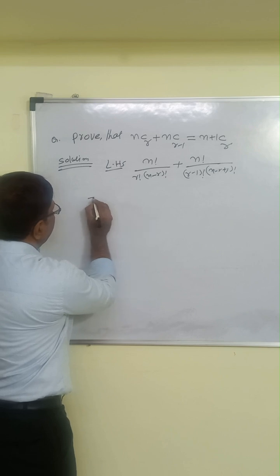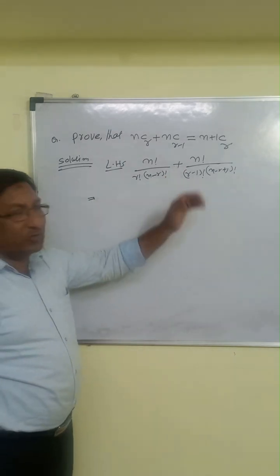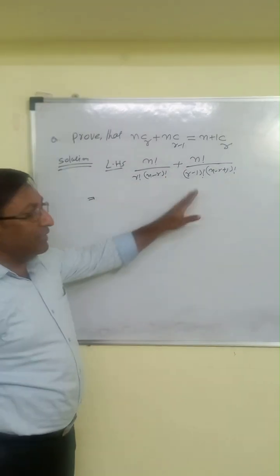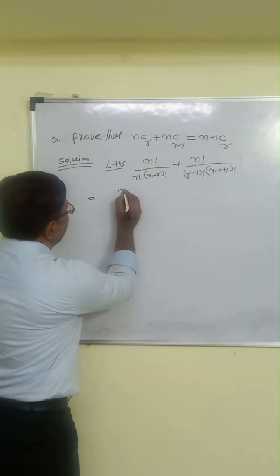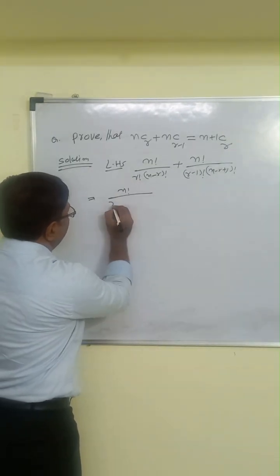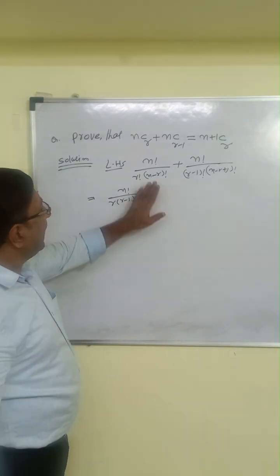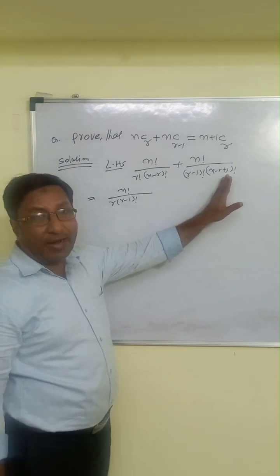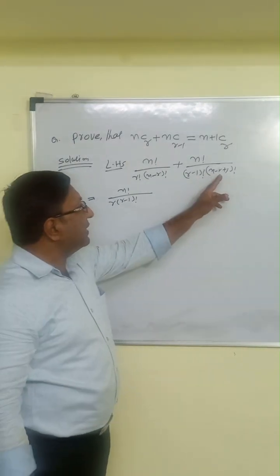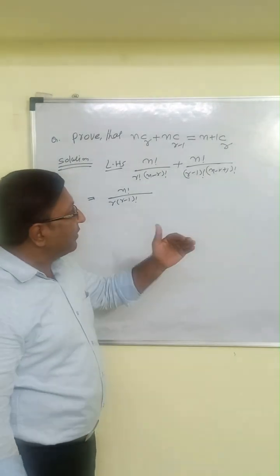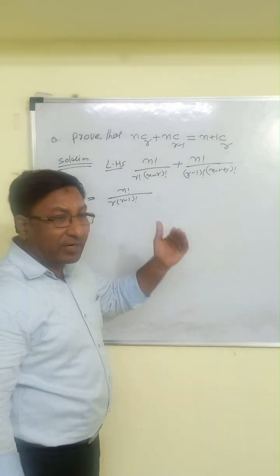Now you know this n factorial is common. We can write r factorial as r into (r minus 1) factorial, and (n minus r plus 1) factorial as (n minus r plus 1) into (n minus r) factorial.